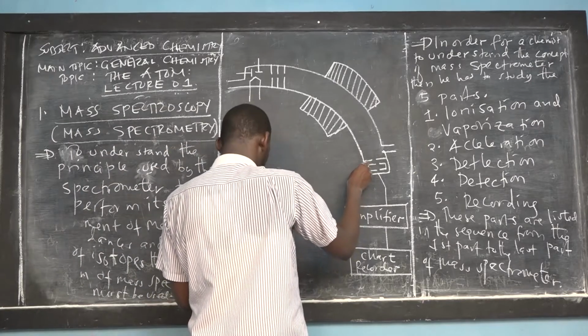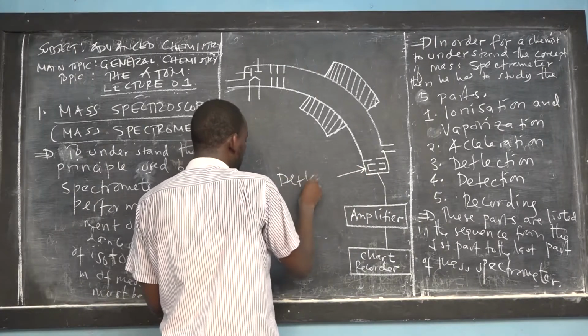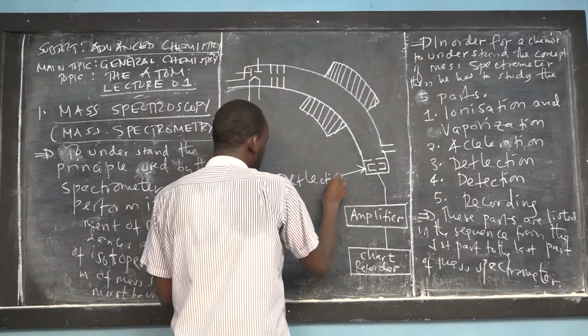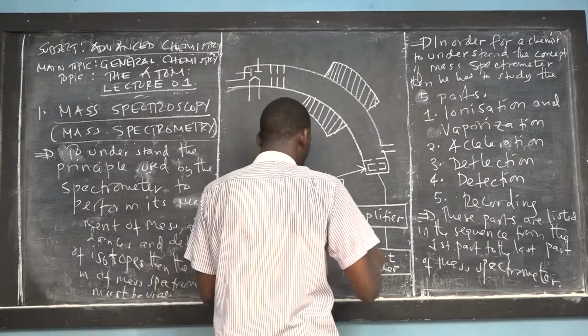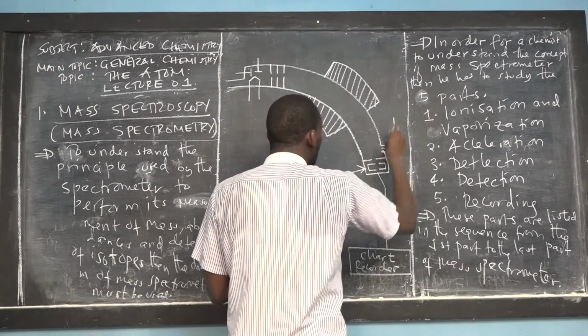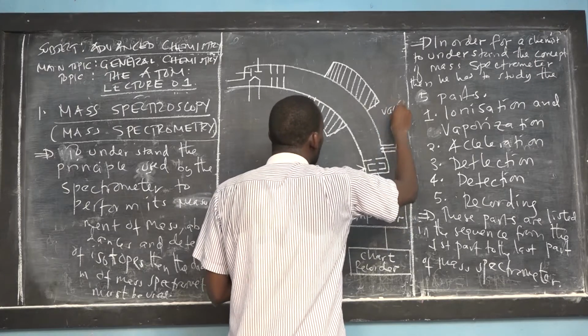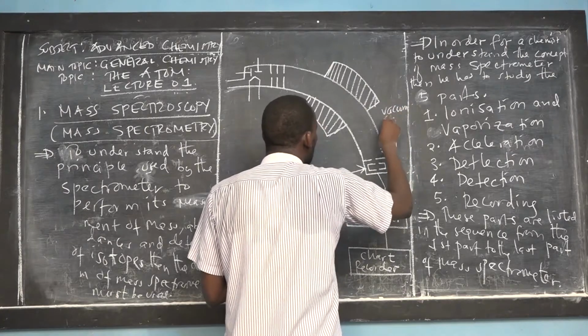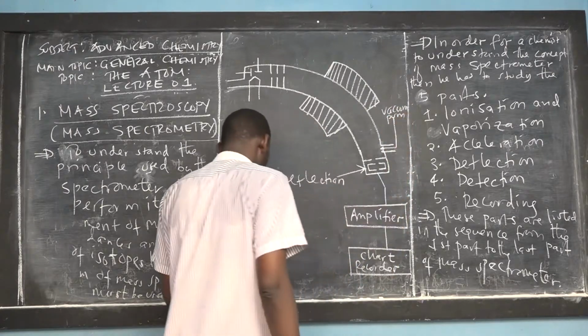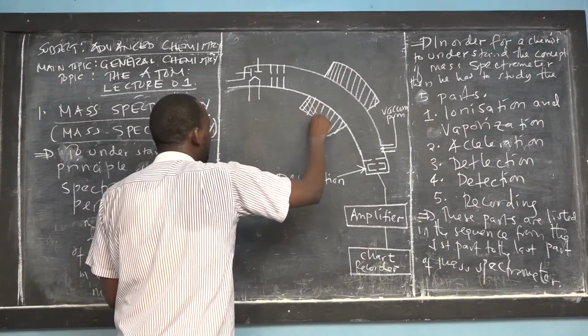So this point, called deflection. And then this one, called the vacuum pump.